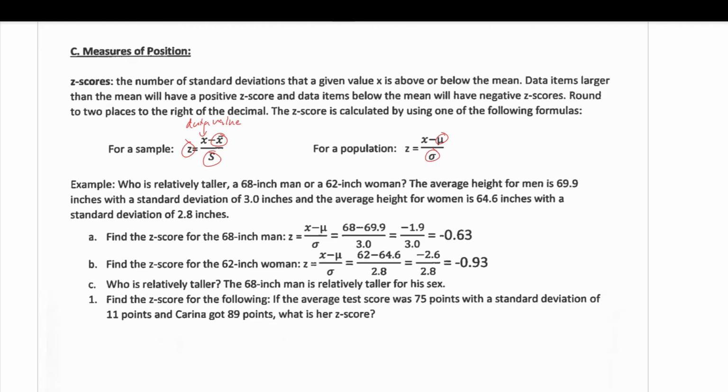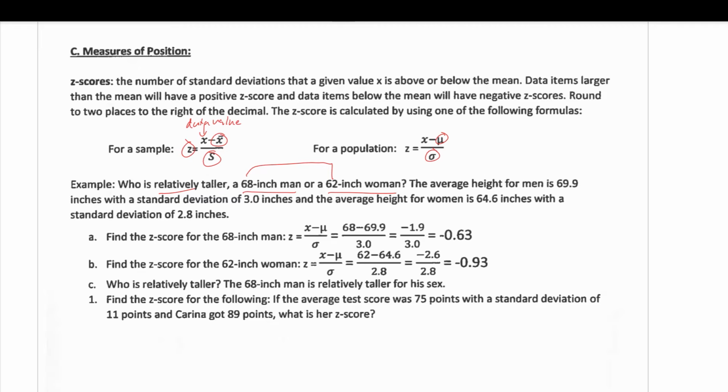It says, who is relatively taller, a 68-inch man or a 62-inch woman? Okay, so clearly if you just compare the two numbers, the man is taller than the woman, but what we're talking about is relatively taller, meaning to their respective sex, right?